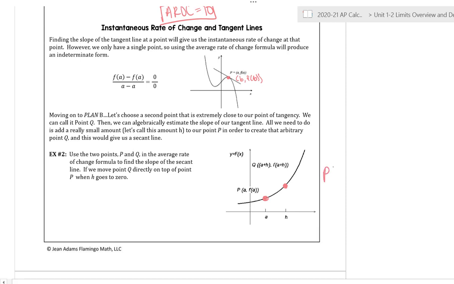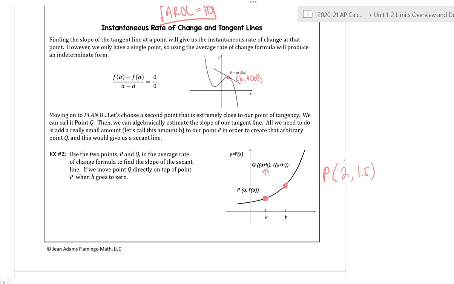An example of this could be that your point P, let's say A is 2 and f of A is going to be 1.5. What I'm saying here is that I want to add as little as possible, and let's call that h.